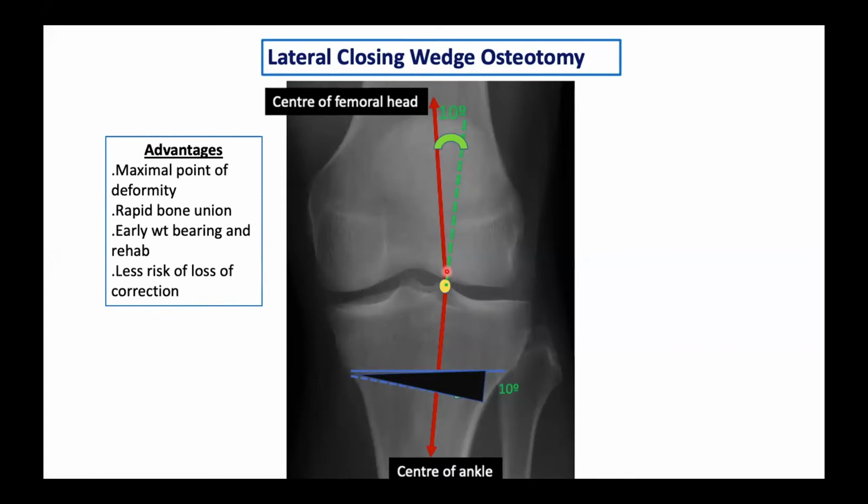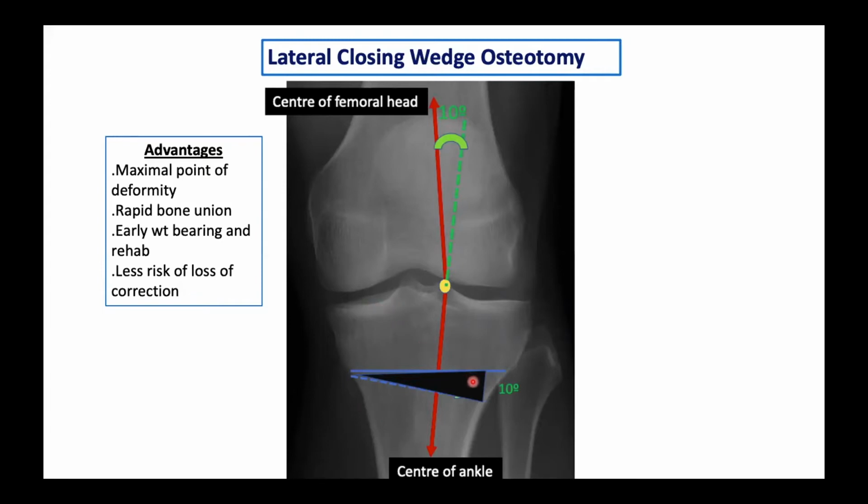There are advantages. We can correct it at the maximal point of deformity. Suppose this is the maximal point of deformity, we can correct it, and there is rapid bone union, because this is the metaphyseal portion in lateral closing wedge. While in opening wedge osteotomy, we start almost from the metaphyseal-diaphyseal junction. So comparatively, this has a better chance of union.